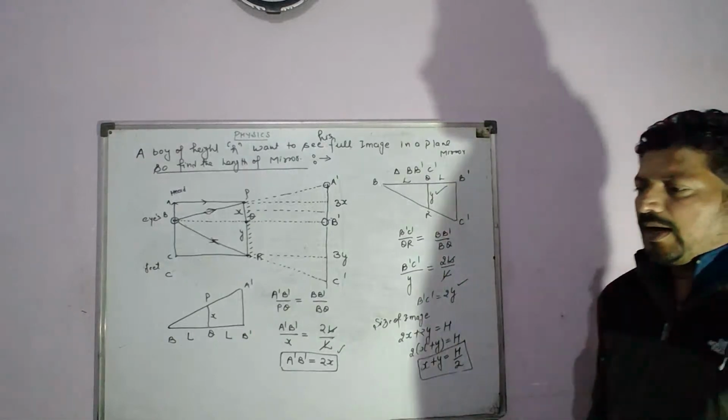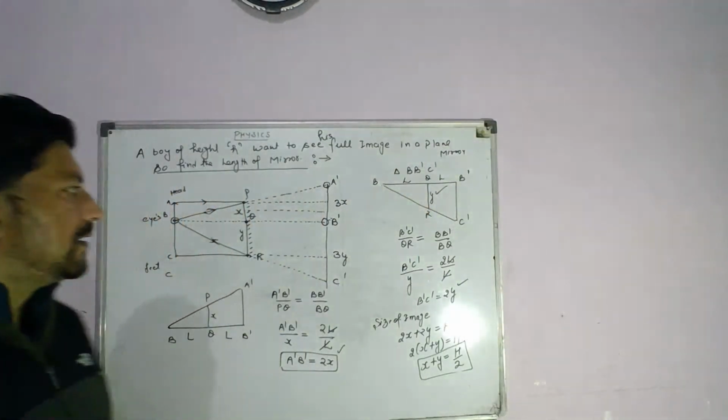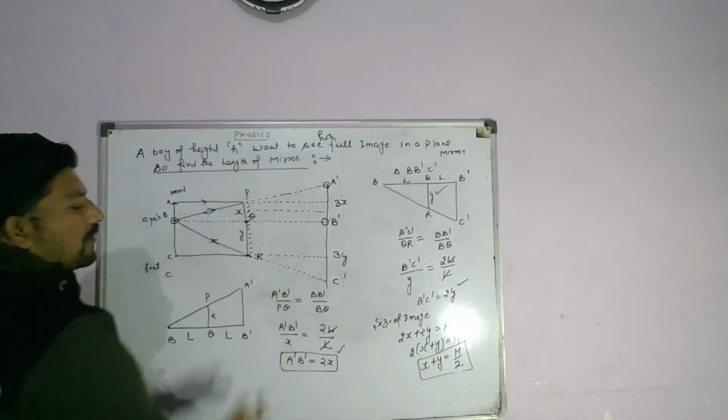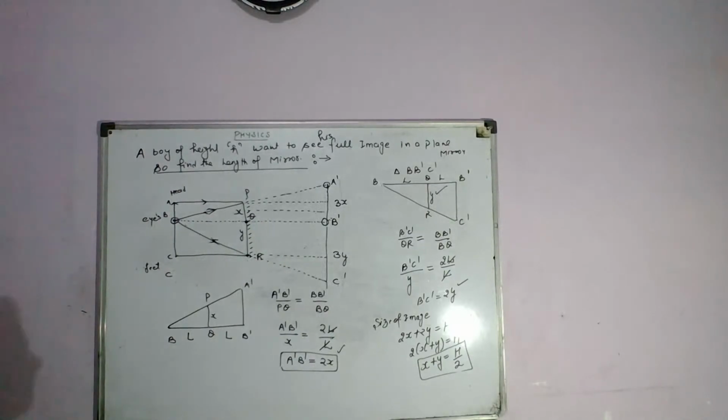It means if you want to see the full image of the object, then half the mirror of your height is required. This can be proved. This is a very easy way, while in your NCERT it is just complicated. You can see here just head, eye, feet, and take distances x and y.